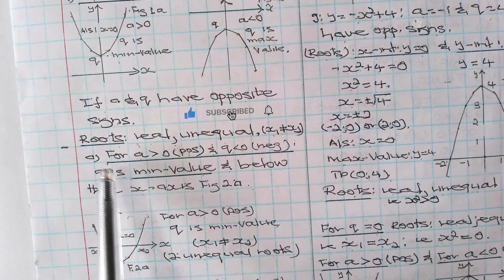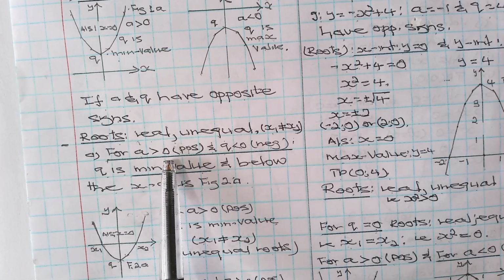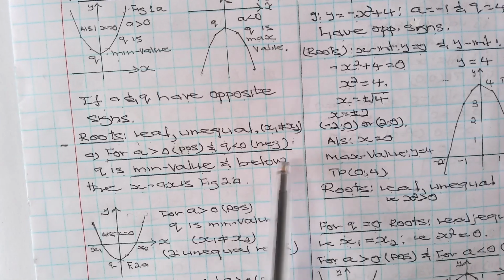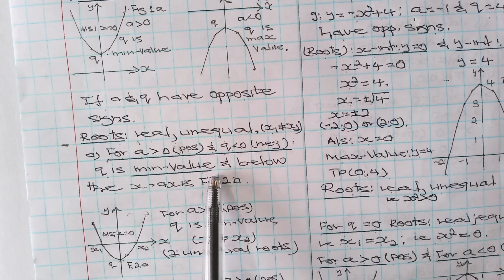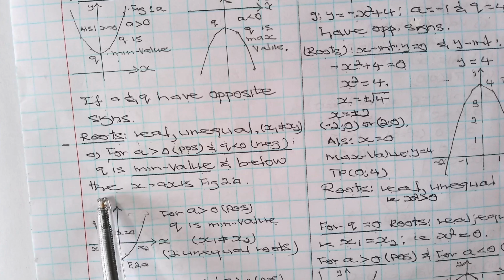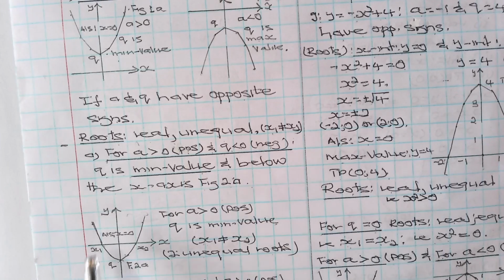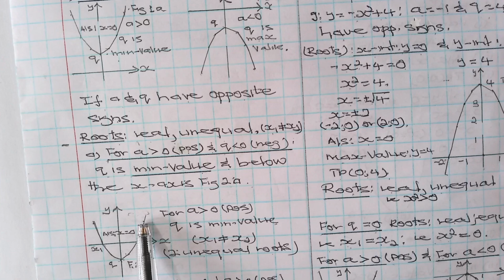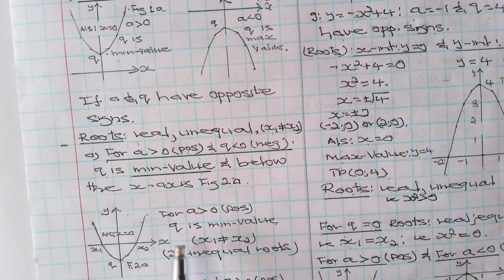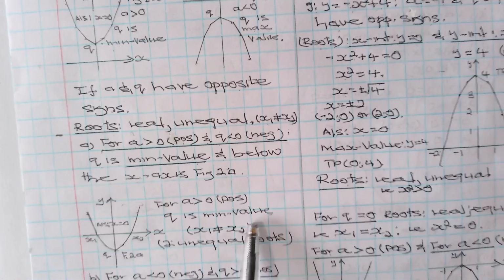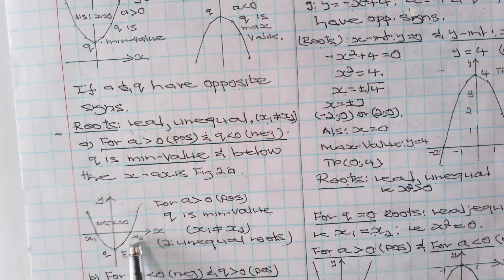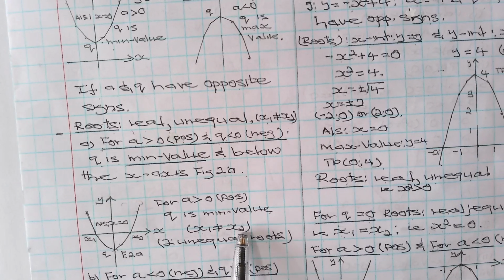If a is positive and q is negative, q is the minimum value and below the x-axis. If a is positive, greater than 0, q is the minimum value. Therefore, x1 is not equal to x2.